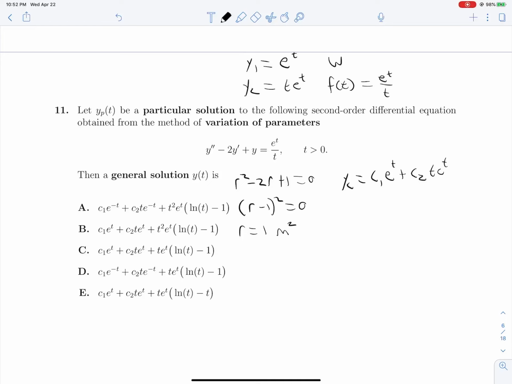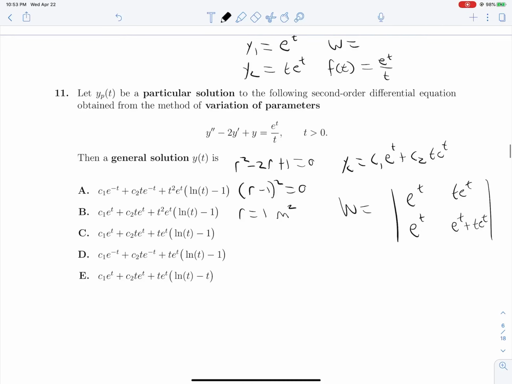And then we need w, which is the Wronskian of these two fundamental solutions. That's the determinant of e to the t and its first derivative, and then te to the t and its first derivative, te to the t and e to the t plus te to the t.